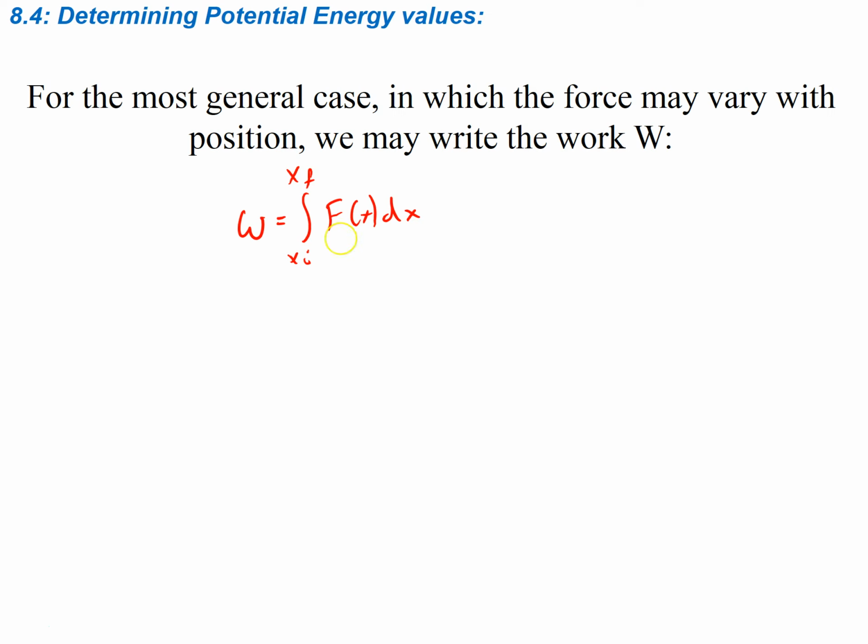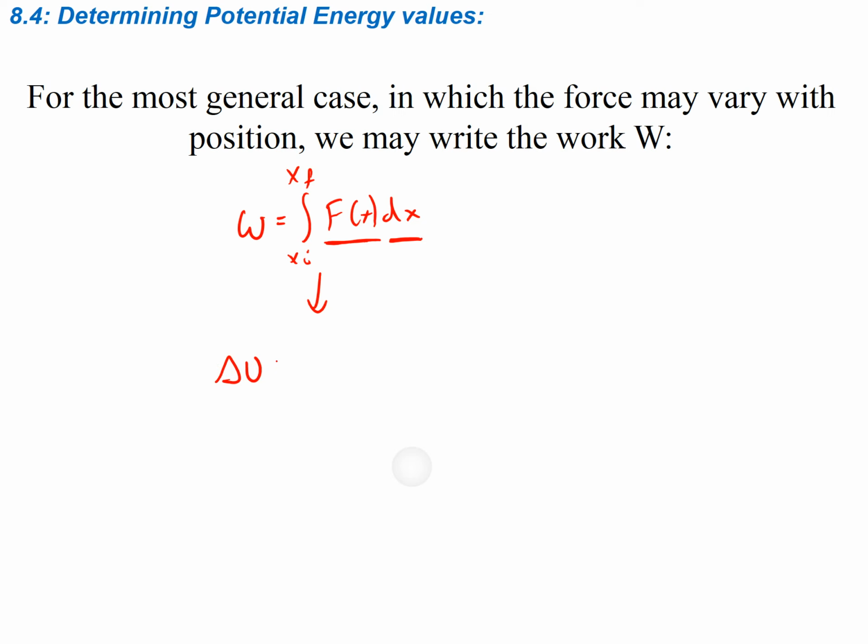This is a force that's a function of x times an increment of displacement. You take the integral of that, which sums up all of these little bits of displacement, and you get the total amount of work.